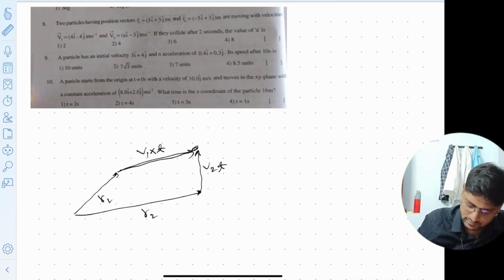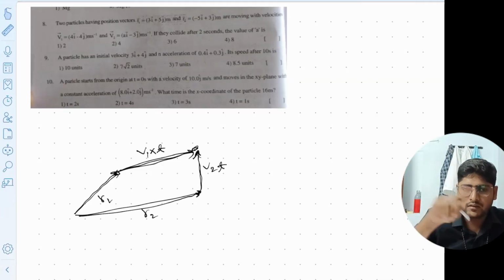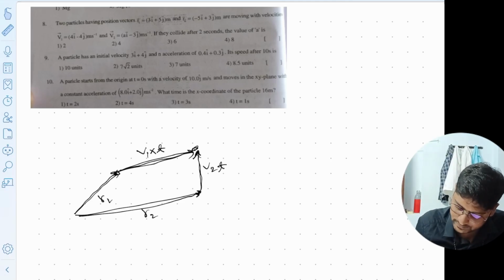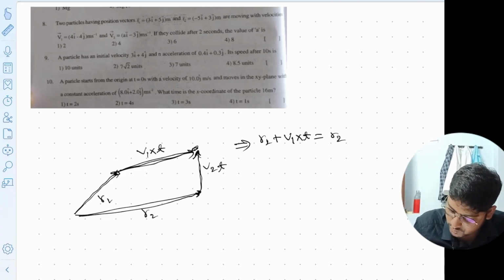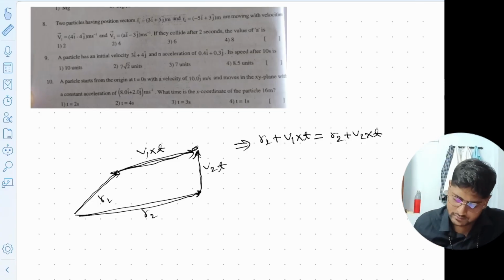So we can write r1 plus v1 into time equals r2 plus v2 into time, because at that position they collide. So the resultant will be the same for both.